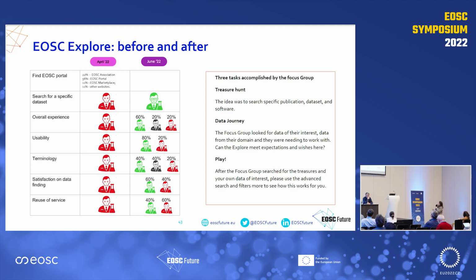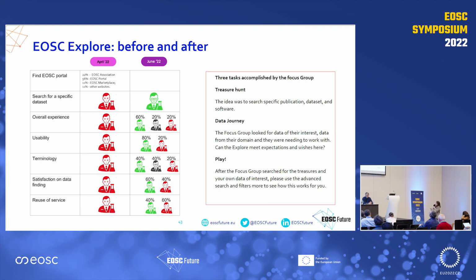So what happened was that by searching for specific data sets, all of them were able to find it. And this was, I think, the biggest success. The overall experience, again, you can have mixed feelings because it depends on what kind of data you are searching for, what kind of data sources are already onboarded in the research graph or in general in EOSC, so maybe you can't find everything that you really want at the moment.